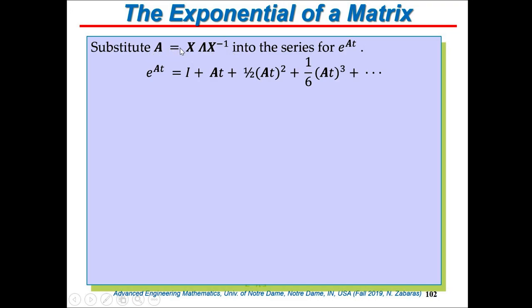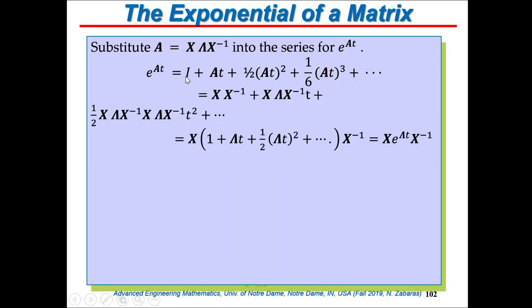I'm going to take this expression for A and plug it into the exponential e^(At). Doing this term by term, the I can be written as X X^(-1), At is X Lambda X^(-1) t, and A squared is X Lambda X^(-1) X Lambda X^(-1), etc. If you put all of this together, cancel the X^(-1) X, and put X and X^(-1) outside the parentheses, you get a factorization similar to the factorization of A. The only difference is you have X e^(Lambda t) X^(-1).